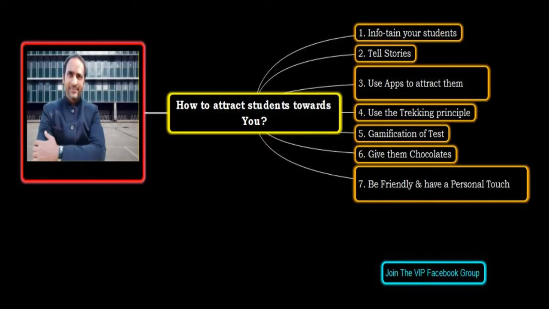Point number 1 is infotain your students. Let us accept most of our students do not like to sit in our boring classes. Their mind is always occupied with several things. While you are teaching, some of them are playing games on mobile phones or chit-chatting, but they are not paying attention in the class.